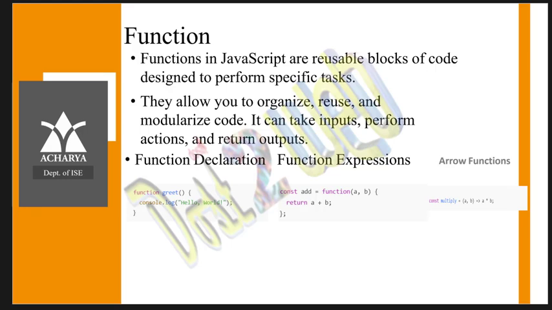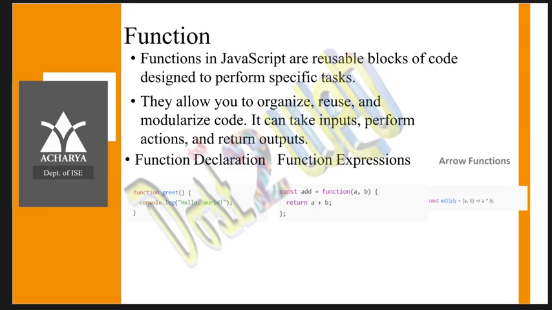In other programming languages, we declare a function by defining the data type, function name, argument, and the statement. Here it is slightly different, but the concept is the same. You can see how to declare the function.